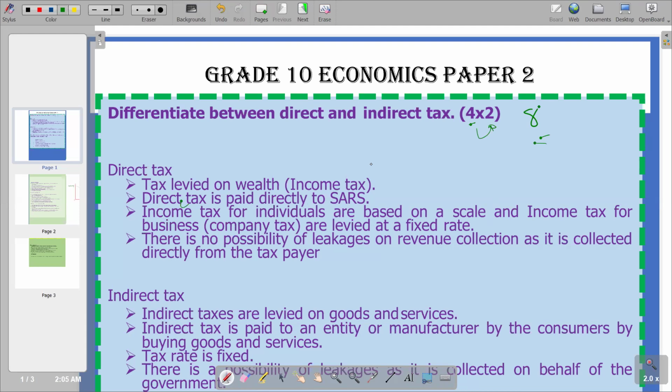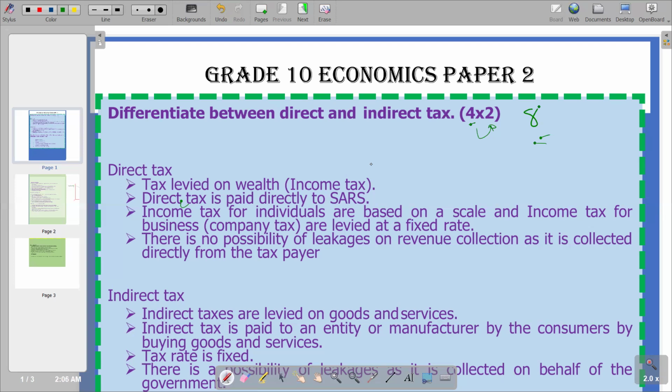We can start by understanding exactly what we mean by direct taxes. Direct taxes are taxes that are imposed upon an individual, or they can be imposed on property. This is different from indirect tax, which is tax that is imposed or levied on a transaction. Collection is also different.